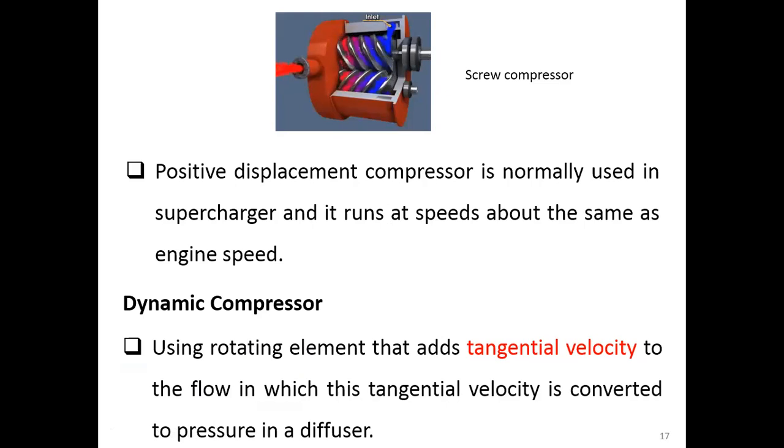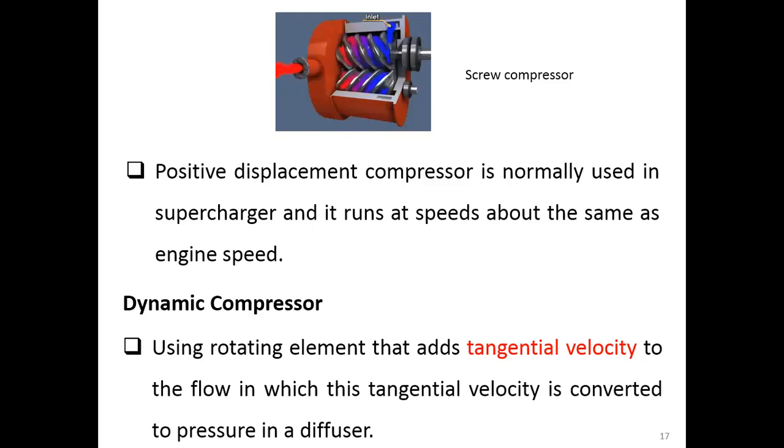So by this, it means the pressure is built up in two stages. The first one, the pressure is built up within the rotating element itself because it's rotated. And due to this rotating element, it will create the tangential velocity in the flow.